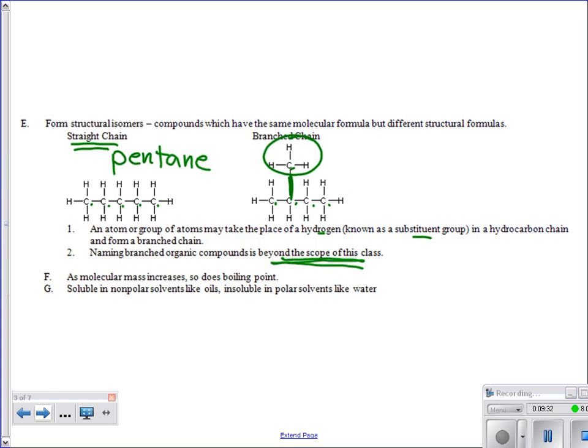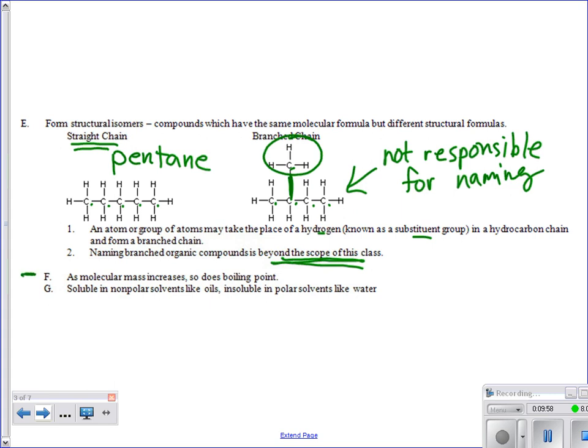We're not going to address that. So it goes beyond the scope of this class. So maybe you might want to write yourself a note that you are not responsible for naming. So all you need to worry about are just your straight chained alkanes, alkenes, alkynes.